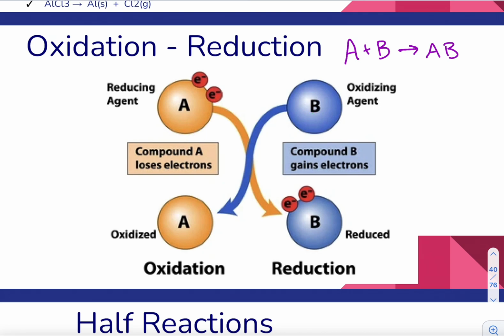B, on the other hand, is the oxidizing agent because it's allowing A to be oxidized. Like we said just a minute ago, A can't be oxidized unless it has somewhere to put those electrons. So B is known as the oxidizing agent. And there's always this correlation, okay? It's always that whatever's oxidized is also the reducing agent, whatever's reduced is also the oxidizing agent.